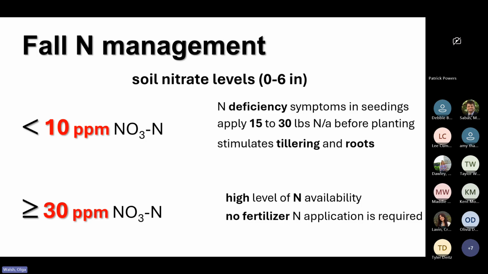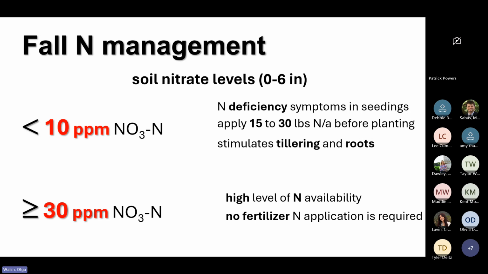Levels are tested down to 6 inches, and that's because, of course, later on, wheat roots develop much deeper, and they will reach sometimes up to 4 feet, depending on the soil and the variety and growing conditions.